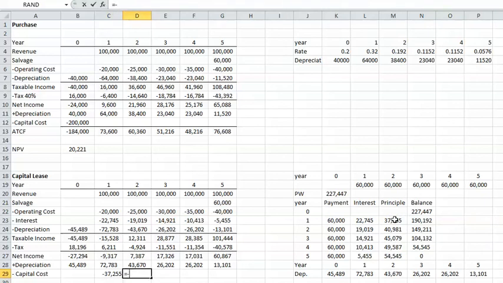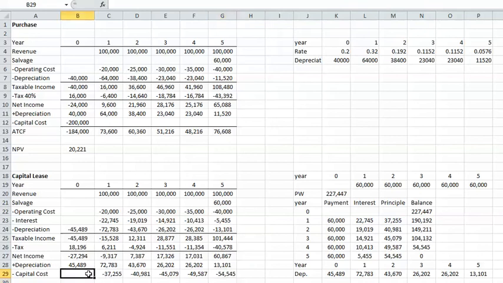For year 2, the principal portion at year 2. For year 3, the principal portion at year 3. For year 4, the principal portion at year 4. And for year 5, the principal portion at year 5.